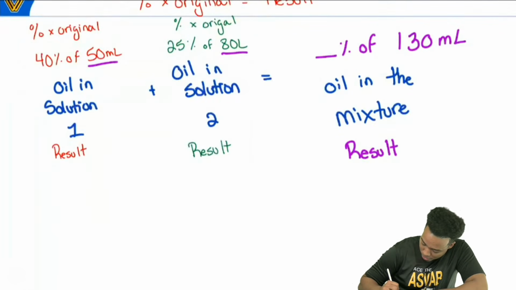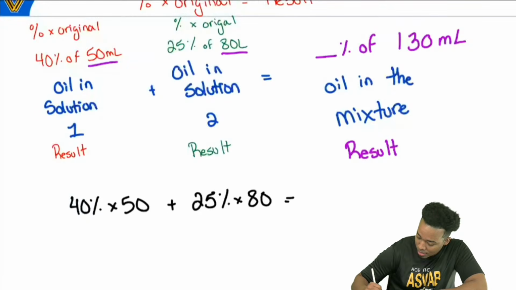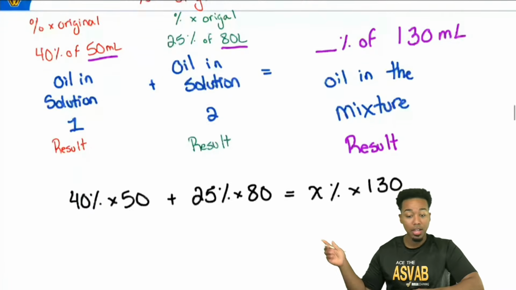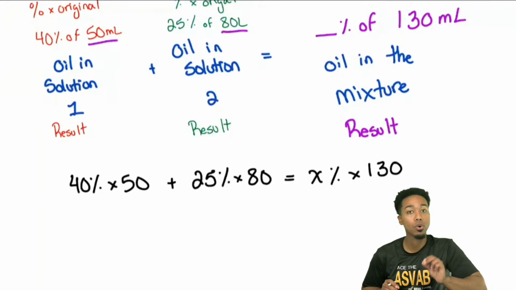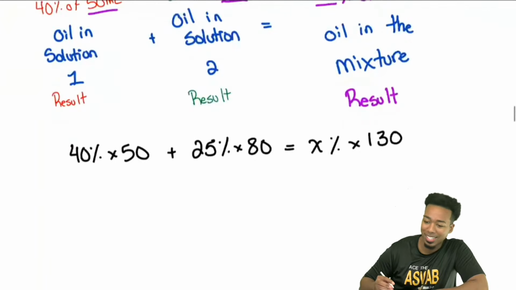We are literally saying 40% times 50 plus 25% times 80 equals X percent times 130. That's your equation, and watch how straightforward it is now. First, start off with 40% times 50.